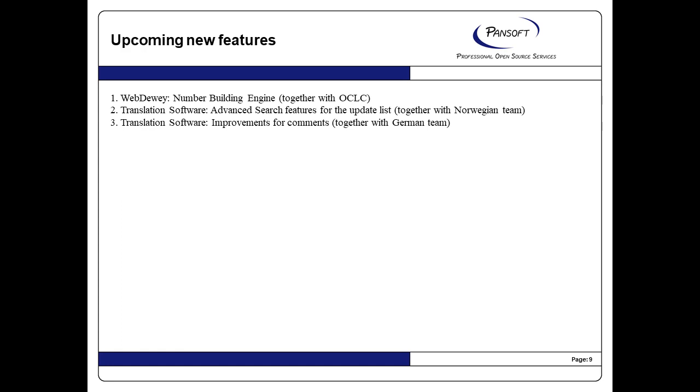We would expect that it's still not 100%, but we are much better with the number building engine that comes with WebDewey than we are now. This is supposed to be an install coming up in September, I would expect. And after we have installed it for the OCLC WebDewey, we will roll it out to all other instances with the same new feature.